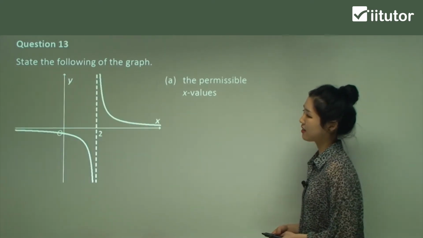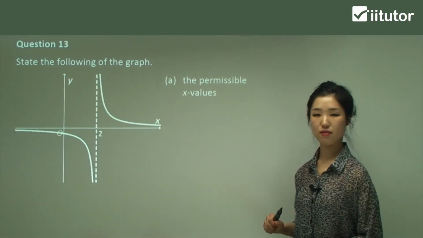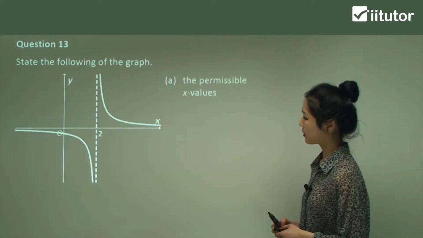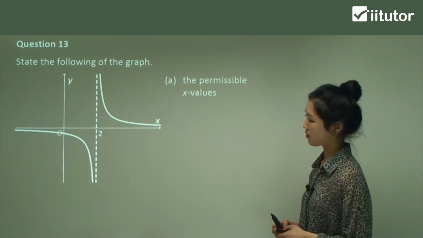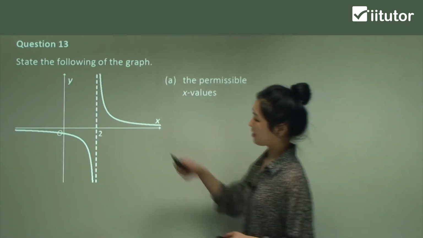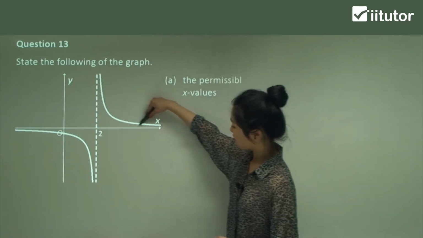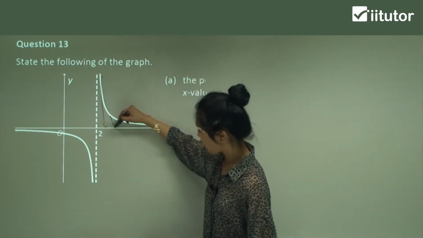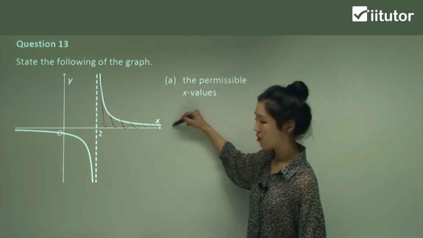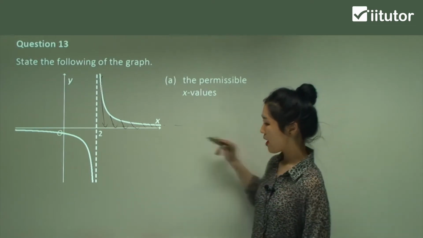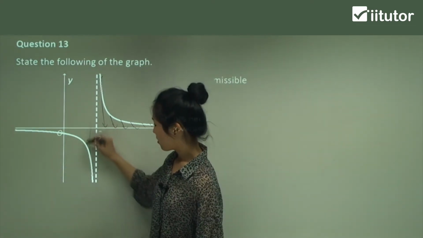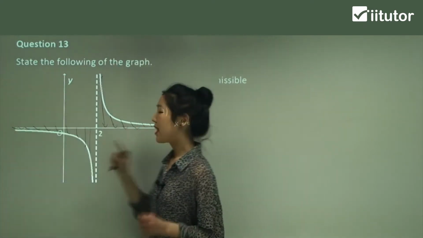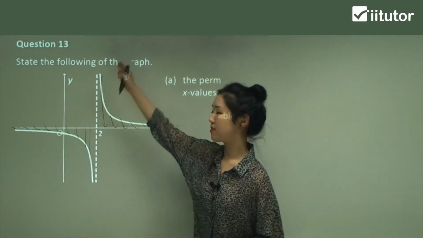Now 13. Okay, again, we've got this kind of graph. We need to find the permissible x values. So what I'm going to do is have a look at the graph, and as you can see, guys, this graph just goes on and on and on. So all these values of x will be true until forever, and same with this side, all values of x forever, except this point here, because this is an asymptote.